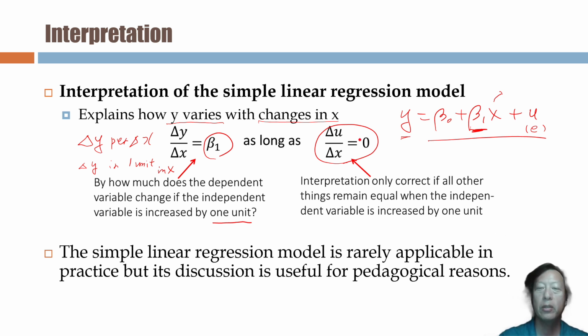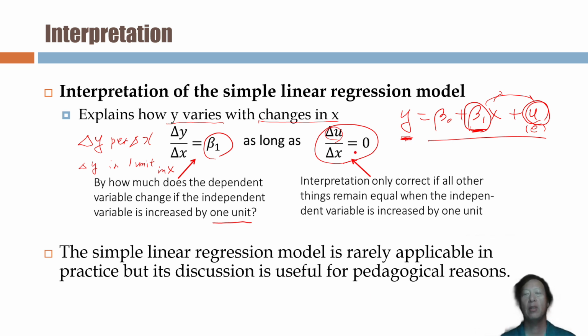If delta u over delta x is non-zero, which means the error term u can be explained by x somewhat, then it's not a random error. We can explain y, because u is still part of y, right? So if I can explain u by x and also beta 1 is there, then beta 1 does not fully capture the effect of x because u also changes with x. That's why this should be 0.